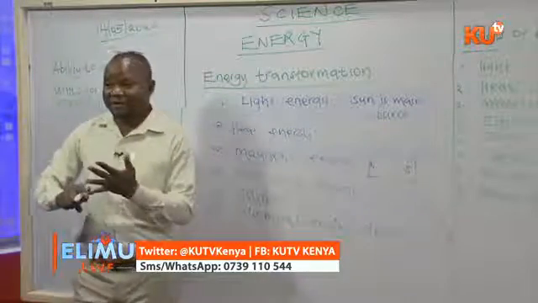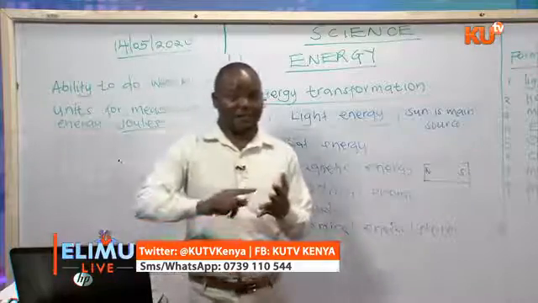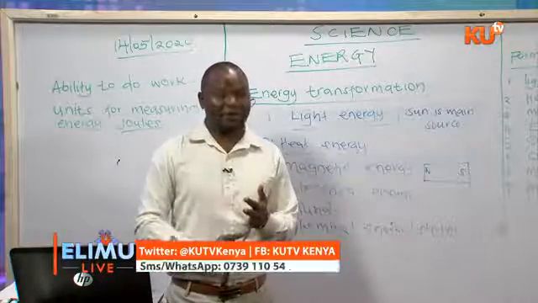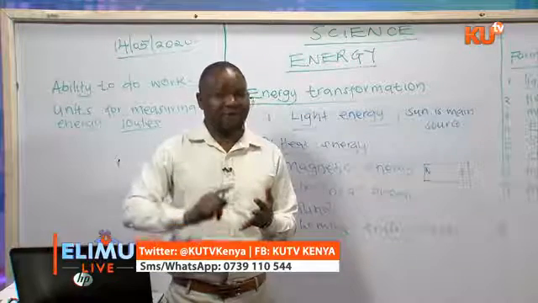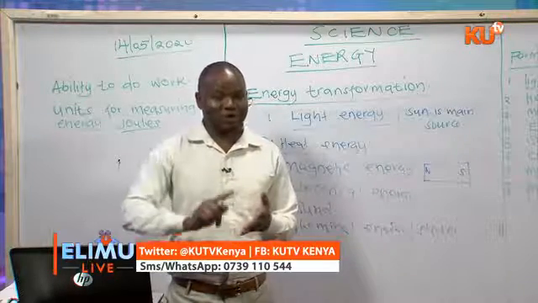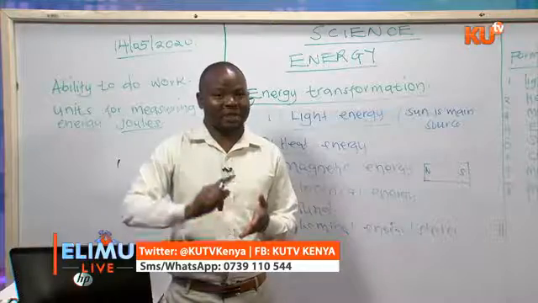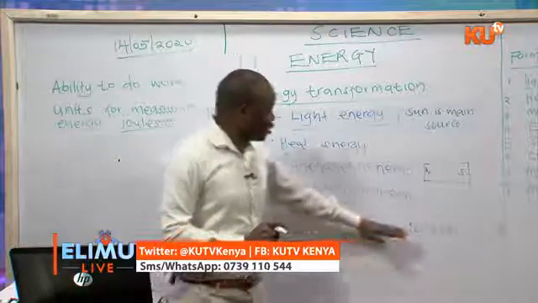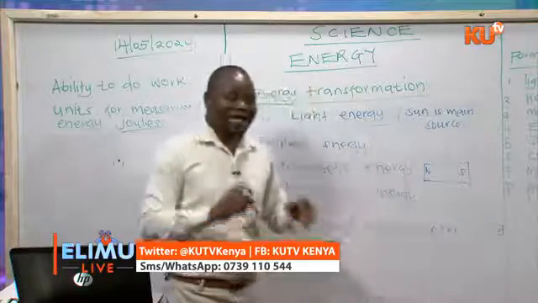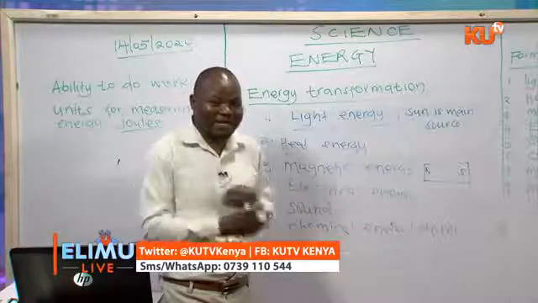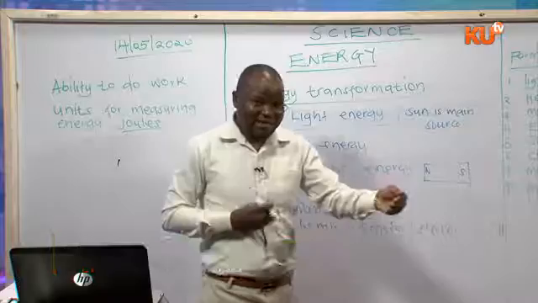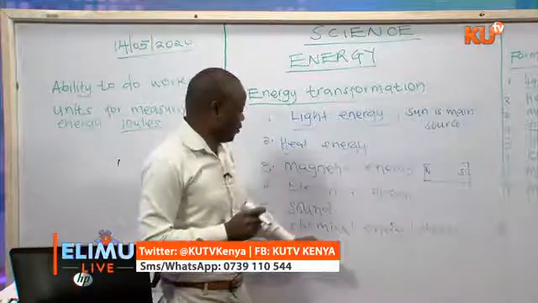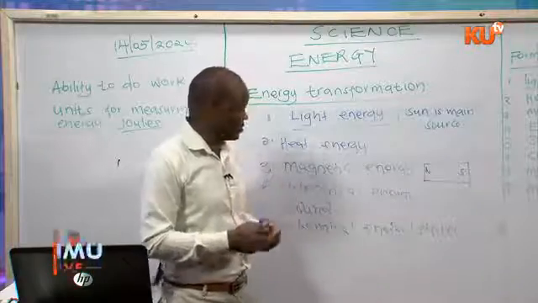It is mostly found in fuel, and it can be found in food. If I talk about fuel, I'm talking about firewood, kerosene, petrol, diesel and all that. This stored energy can only work when it's released from its original form. That is when it can now become in use.